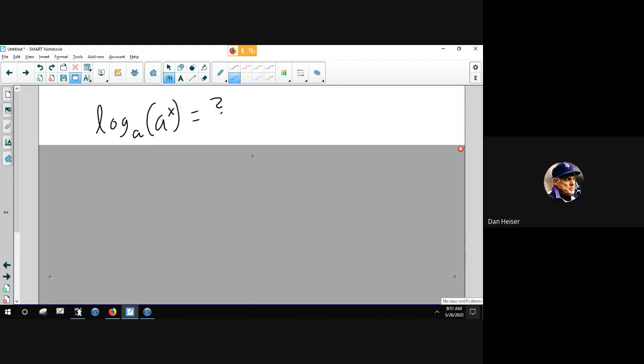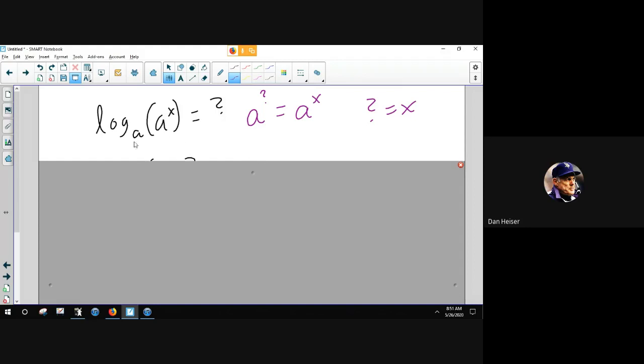Log base A of A to the x. Well, my base is A, my power is question mark, and that equals A to the x. A to the question mark equals A to the x. Question mark equals x. So what does that mean really? It means if I have log base A and I have the same base right here, they essentially cancel each other out, and I'm left with this.